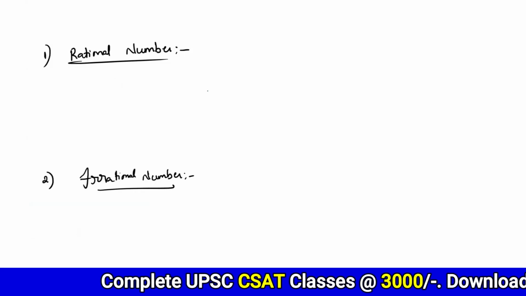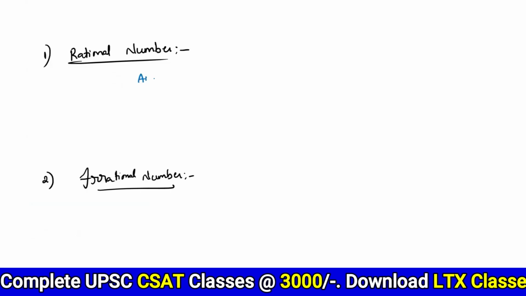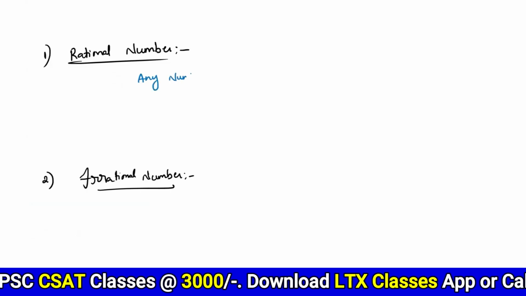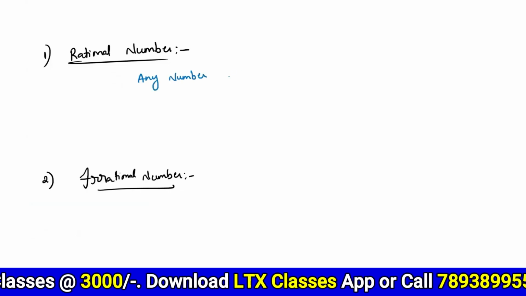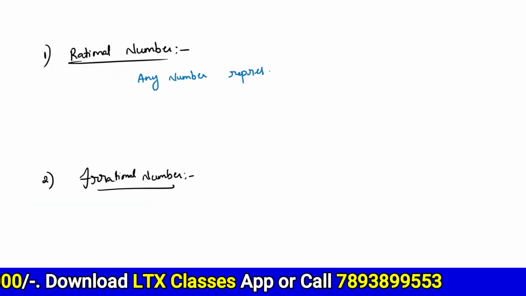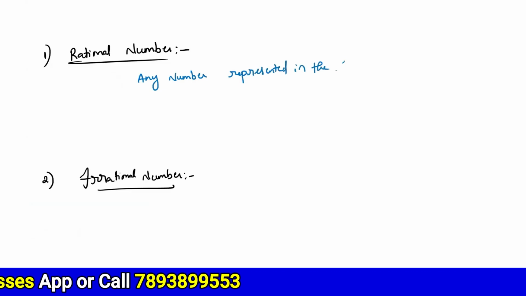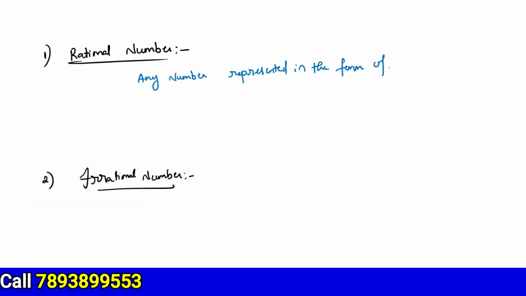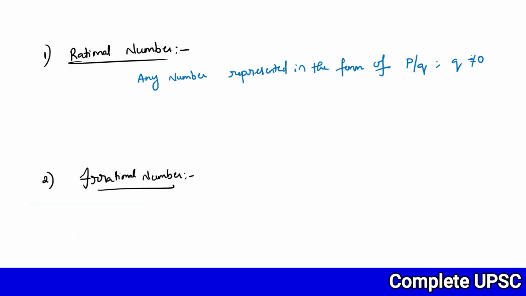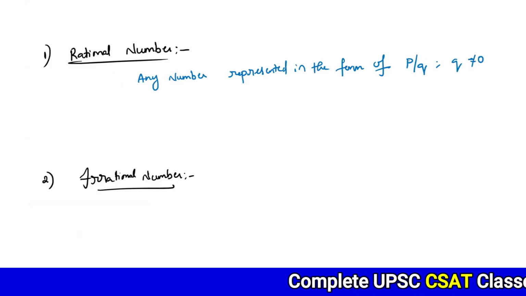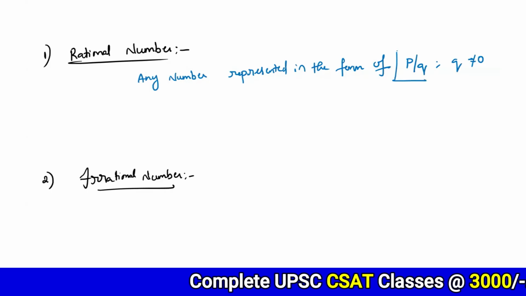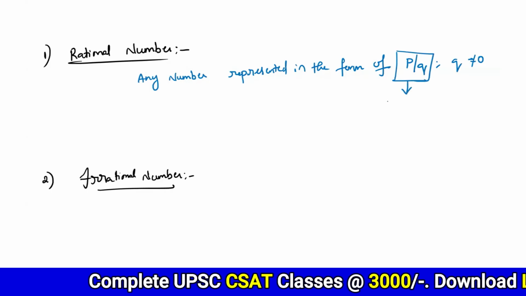So the point is, any number represented in the form of P/Q, where Q is not equal to 0, will be called a rational number. So generally remember one thing, P/Q means it is a fraction.